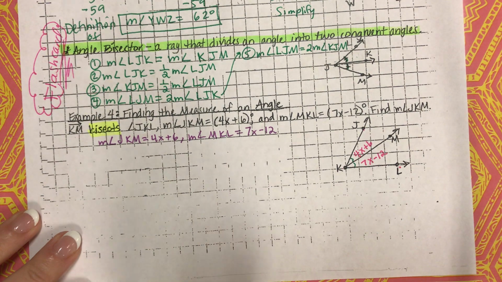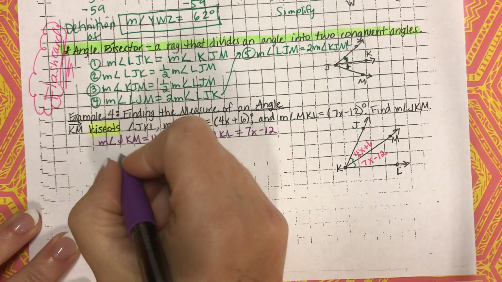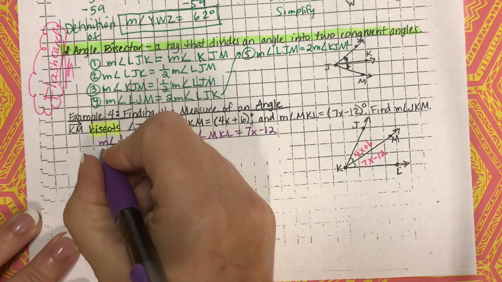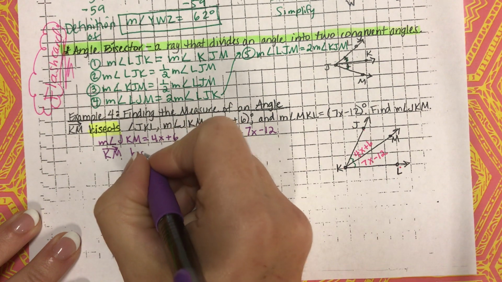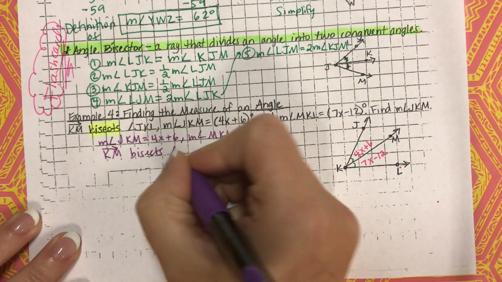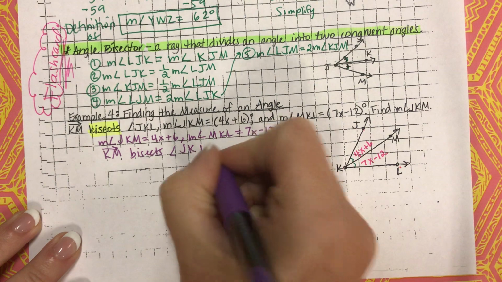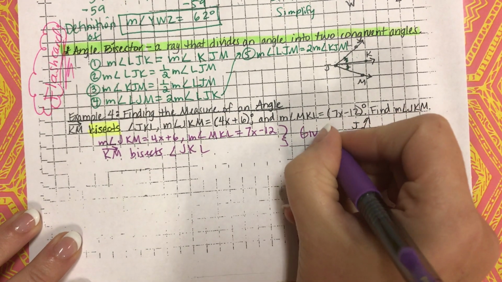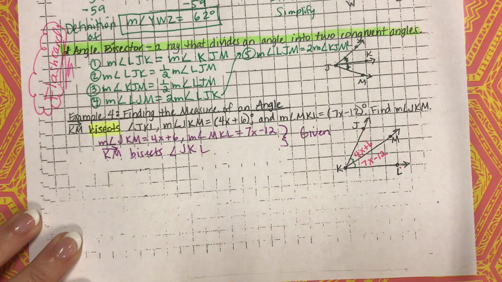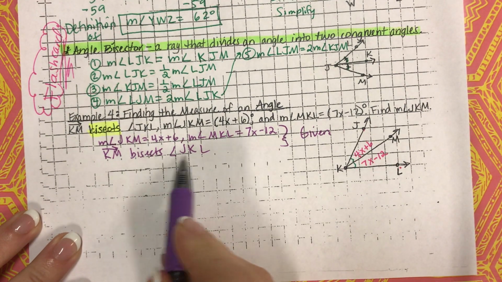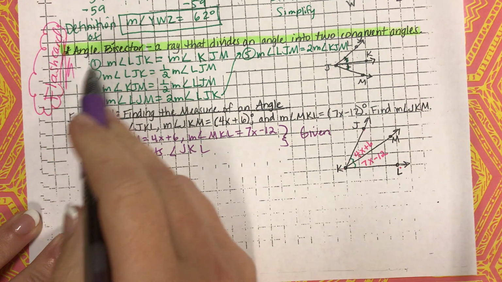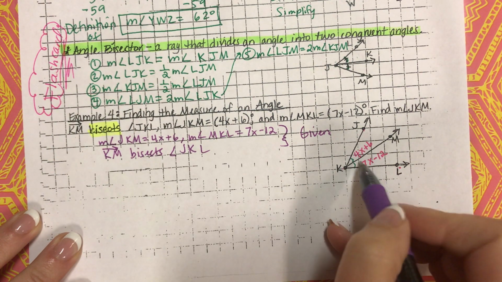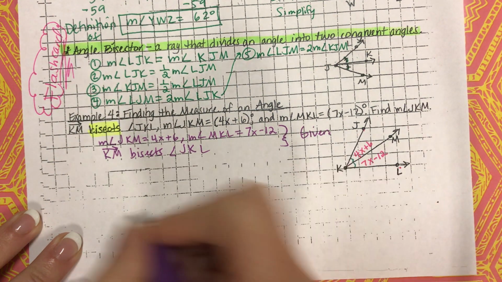And then it also gives us that KM, that ray, bisects angle JKL. All of this is given information. The problem has given us that. And because we know this bisects, we can use the definition of an angle bisector and say that these two angles now equal each other.